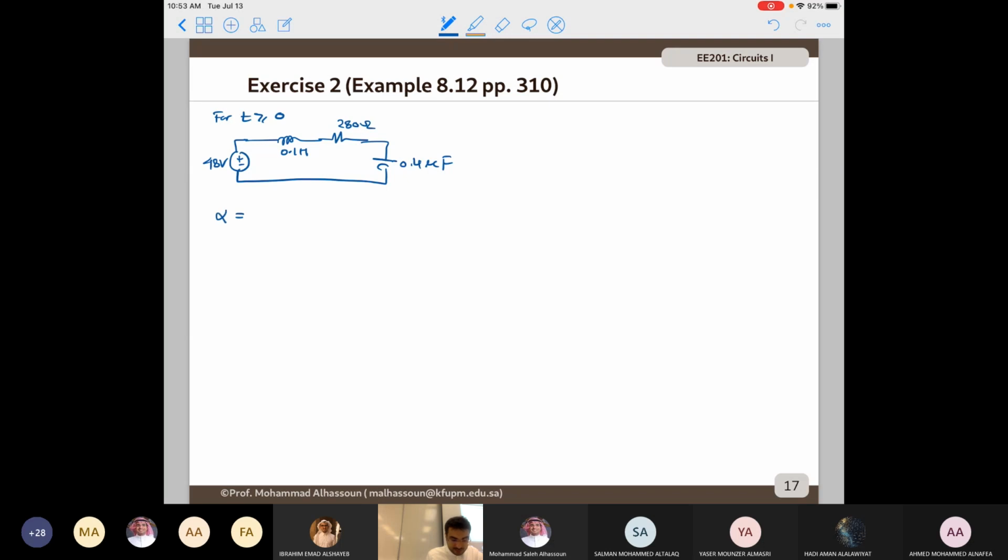Since we have a series RLC circuit, alpha is R divided by 2L, which in this case is 1400 radians per second. Alpha squared will be 1.96 times 10 to the power 6. Omega naught squared will be 25 times 10 to the power 6.